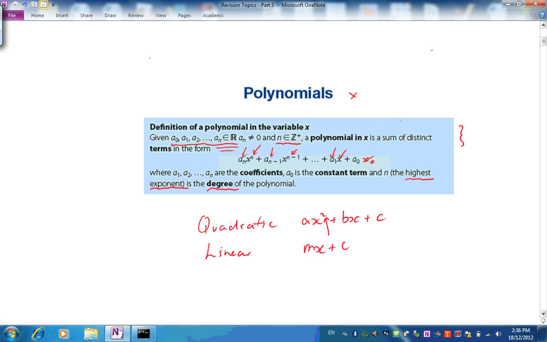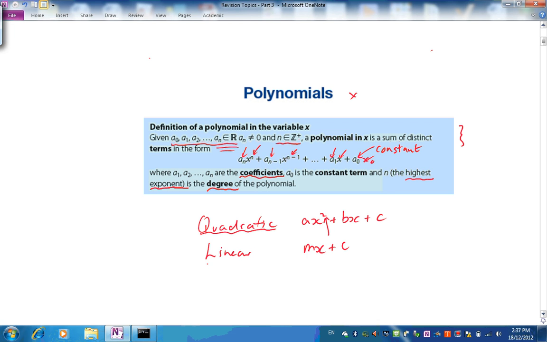So we're letting those a expressions stand for the coefficients or the number of each term that we've got. And then down the end here, because there's no variable x associated with this term, we're calling that the constant term.